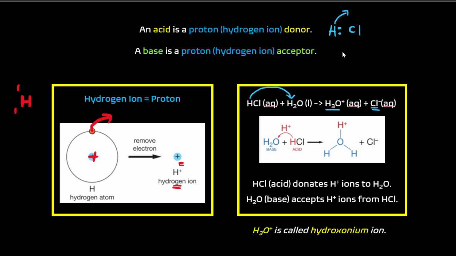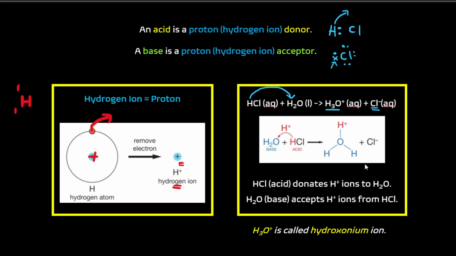So when this H leaves, Cl is left with the extra pair of electrons here, and that is why Cl is minus, because normally Cl would have seven outer electrons, right? Because it's in group 7. But since hydrogen left, it has one electron more than normal Cl, and that is why Cl is going to be a negative ion.